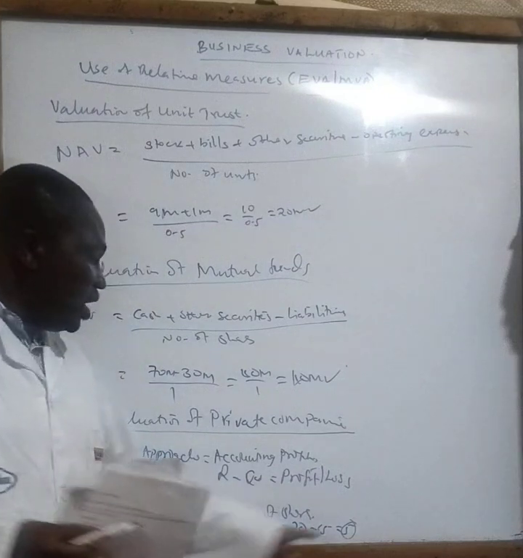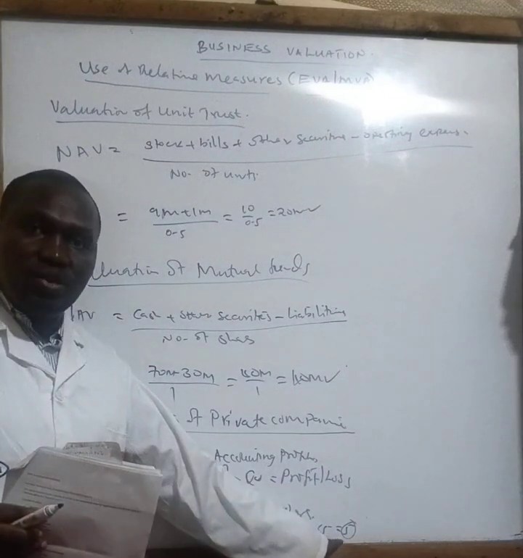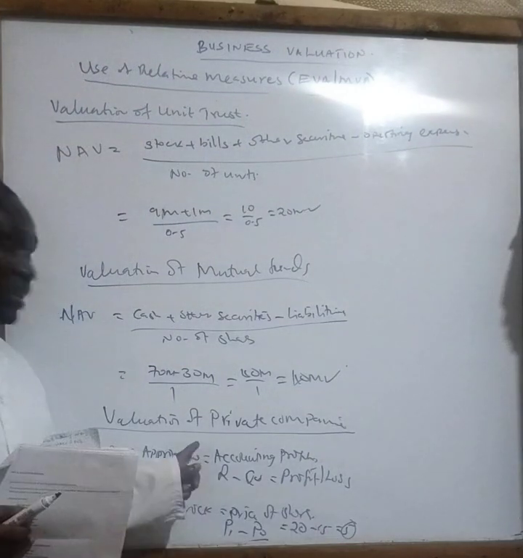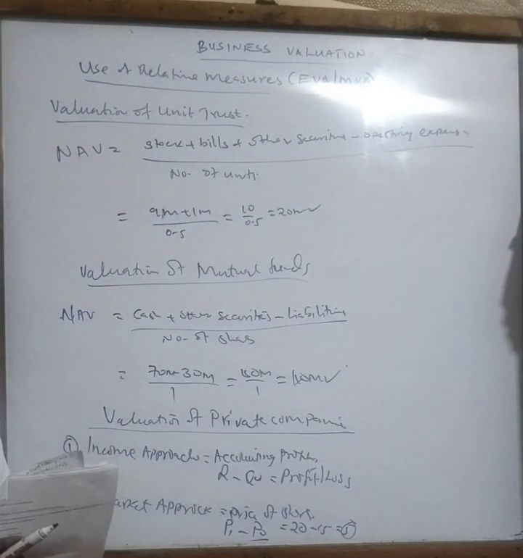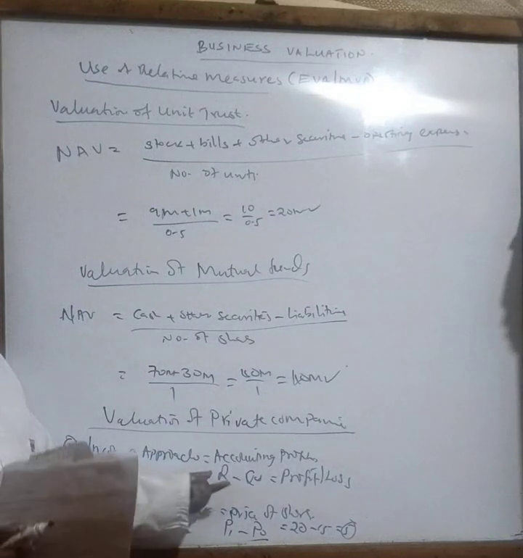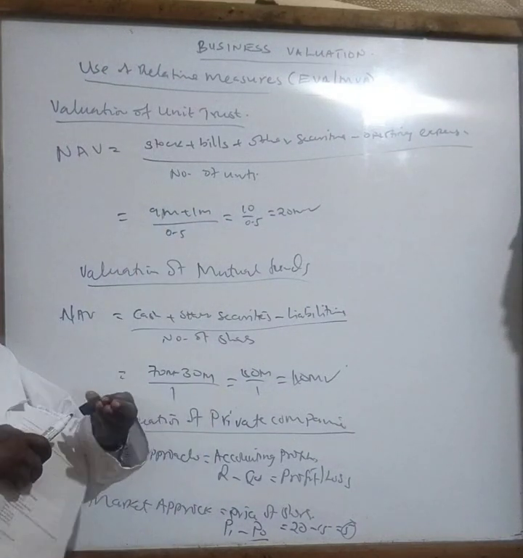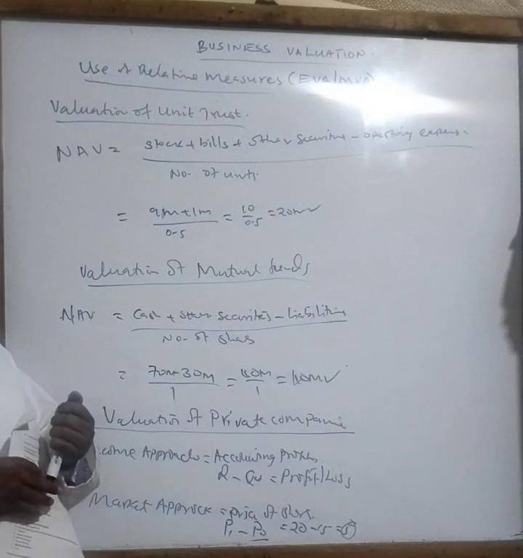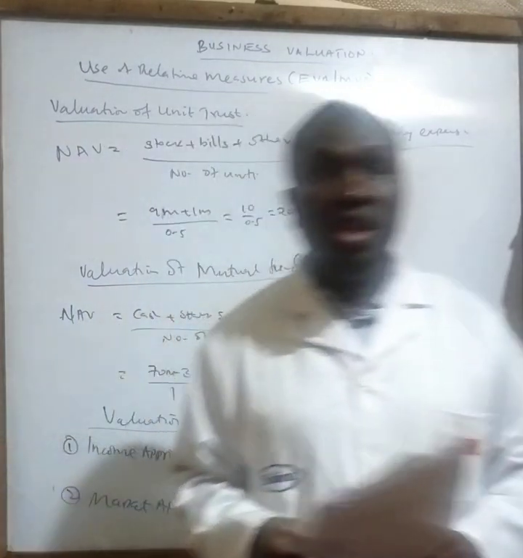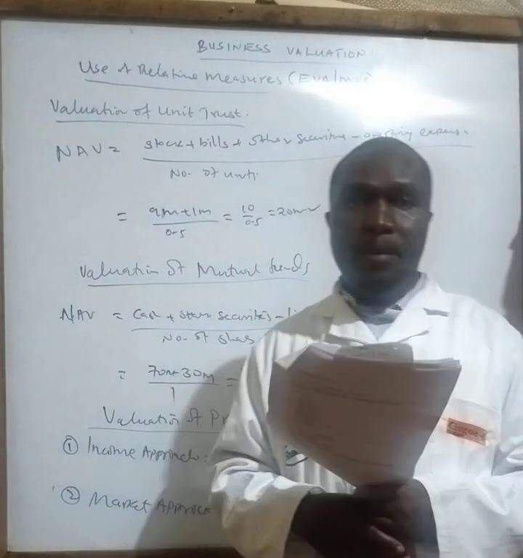So this 5 here is the increase in terms of value. So therefore 5 is the value of the share. That's what we call the market approach, and the income approach is purely an accounting concept. These are the methods mainly practiced by entities in the country to do valuation of businesses.